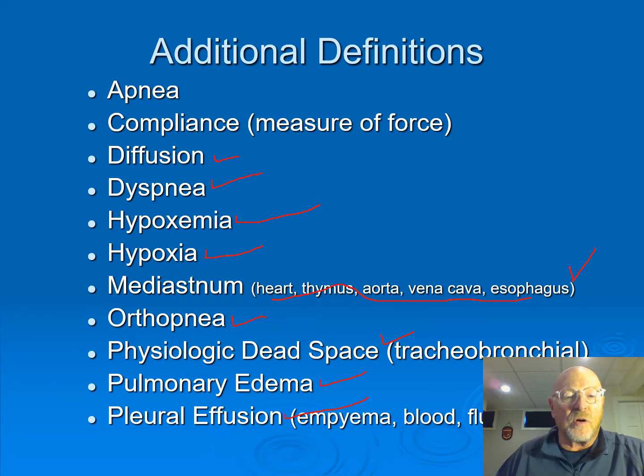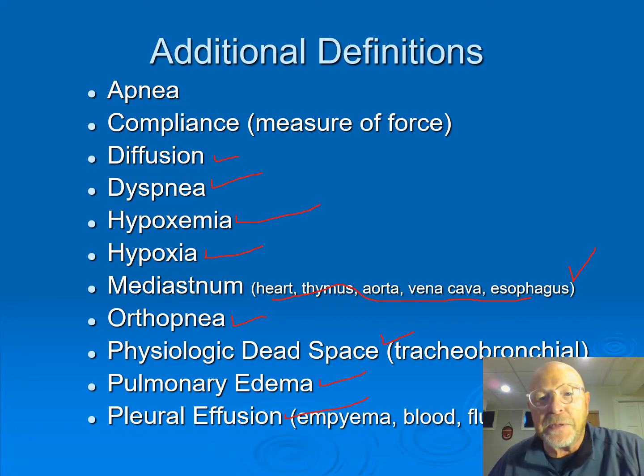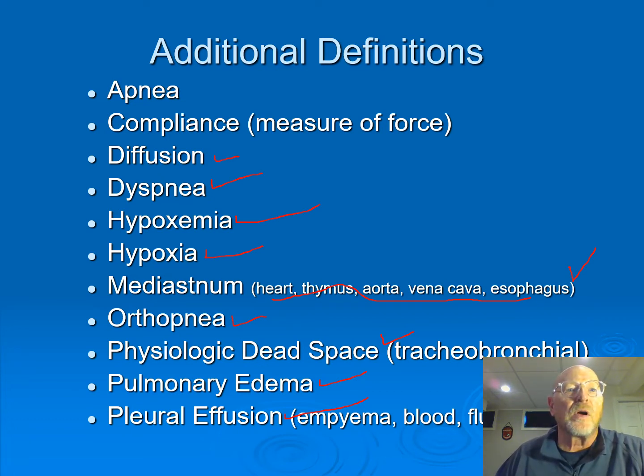It could be just normal pleural fluid that is accumulating and building up because perhaps the lymphatics are blocked by a tumor, so they can't drain off the old fluid. Or it might be purulent exudate in the pleural space. How about that one, huh? Or pus in the pleural space, and that term is empyema. Empyema right down here. So that's a favorite of mine. Good one to know.